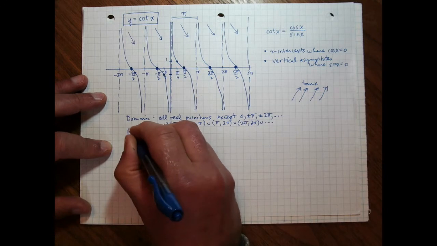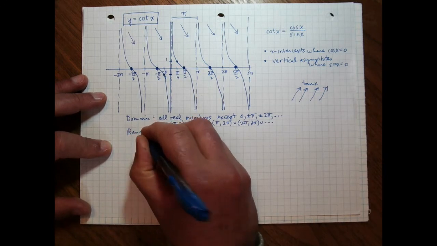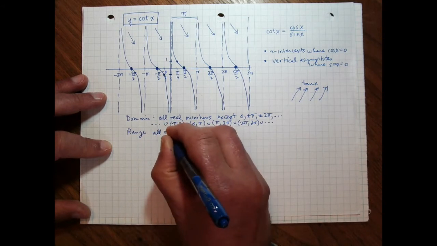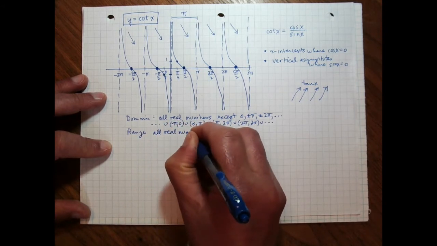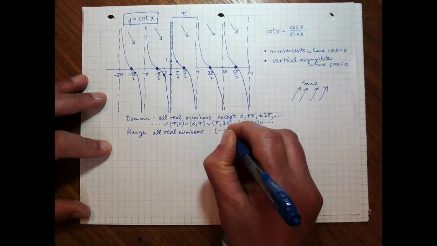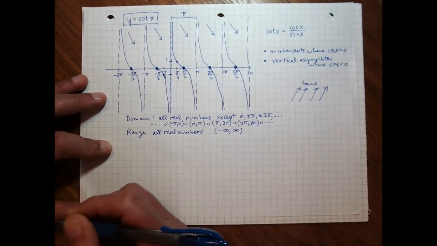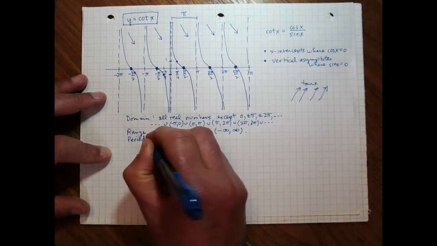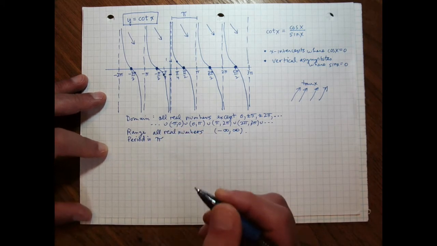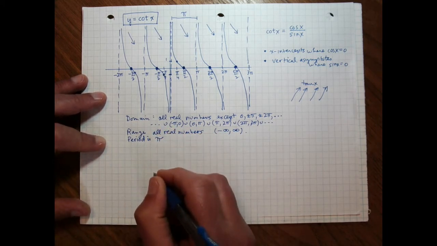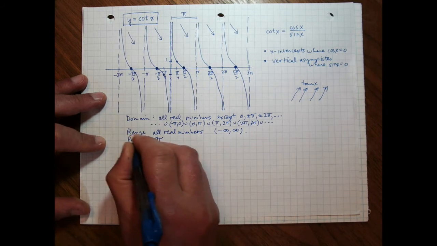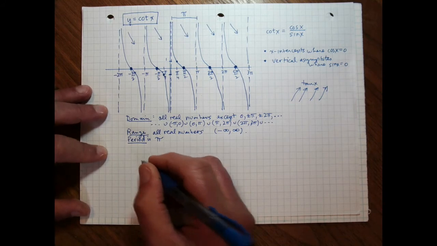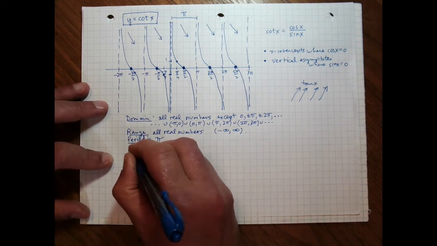The range of cotangent is all real numbers, just like with tangent. So its range is actually fairly simple to describe. The period is pi. So both tangent and cotangent have this shorter period than sine and cosine. And cotangent is also an odd function.